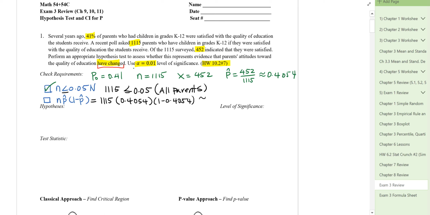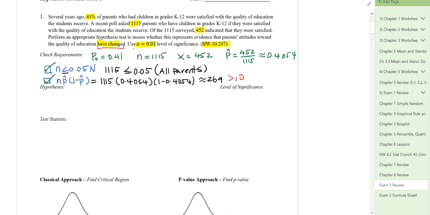Use your calculator, and that is approximately 269. So that is definitely greater than 10, and this condition is met. Therefore, we can use the Z distribution, the normal distribution, to perform the hypothesis test because both requirements are met.